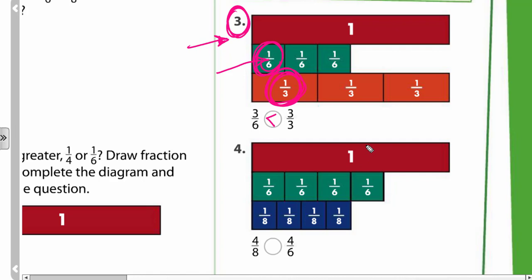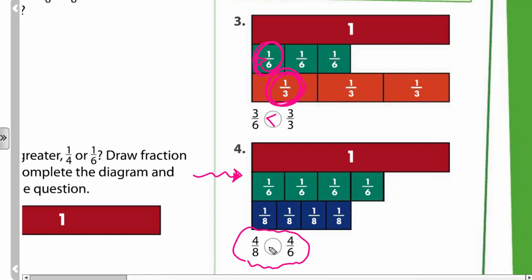Saleh? Yes, teacher. Yes, my hero. Question number 4. 4/8 and 4/6. Oh, okay, yes. 4/8 and 4/6. The 4/6. So this is more than or less than?